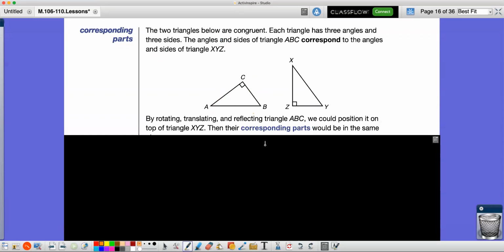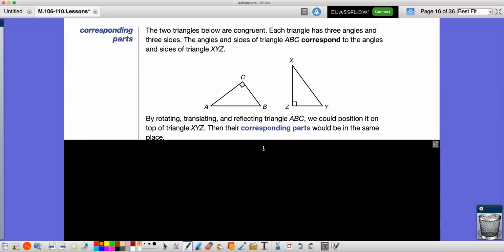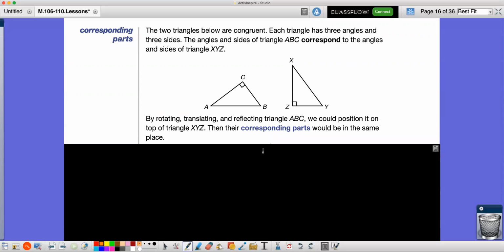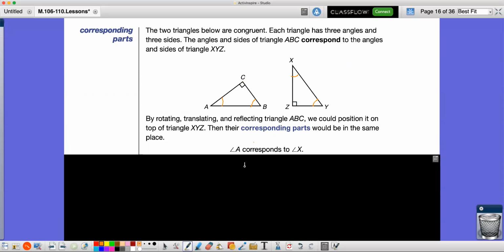By rotating, translating, and reflecting triangle ABC, we could position it on top of triangle XYZ. Then their corresponding parts would be in the same place. So like this angle right here is the same as this angle. Angle B would be the same as angle Y, and you can see angle C and angle Z are exactly the same.